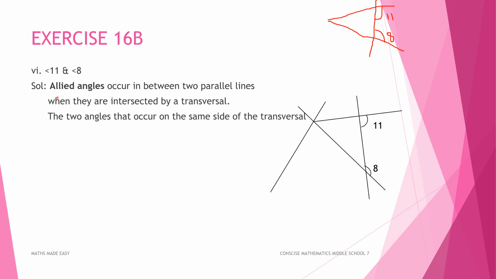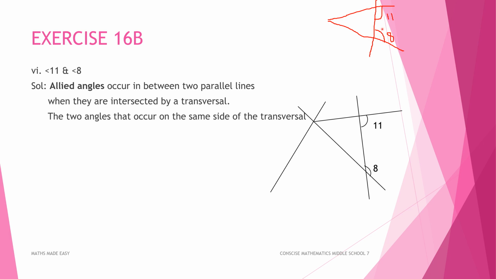Look here, this is the definition. Allied angles occur in between two parallel lines. See, I have told you this is a parallel line, this is another line. Both are parallel lines and they are intersected by a transversal line. Whenever two lines are cut through by a single line, it is said to be a transversal line. And the two angles that occur on the same side, as I said, on the right side of the transversal line, are allied angles.